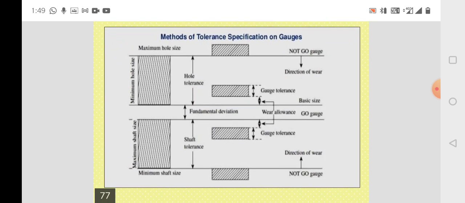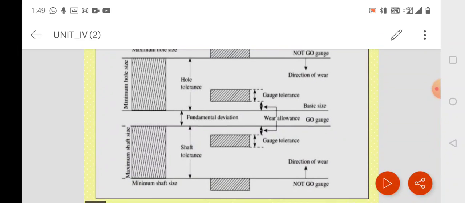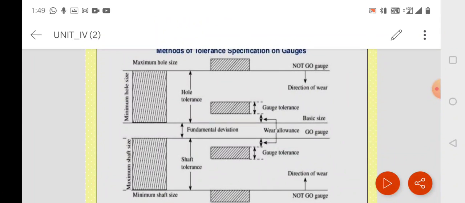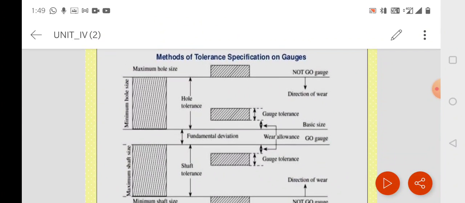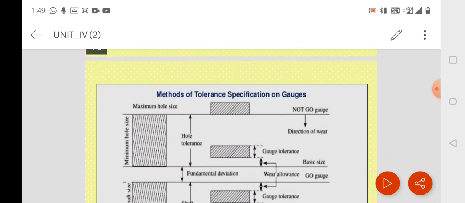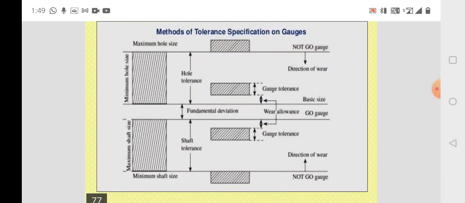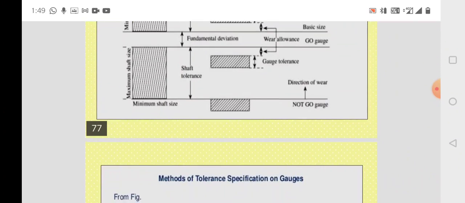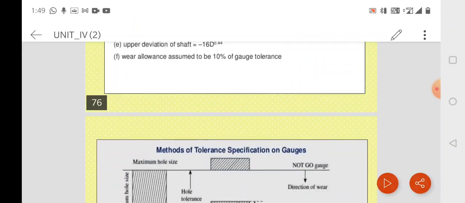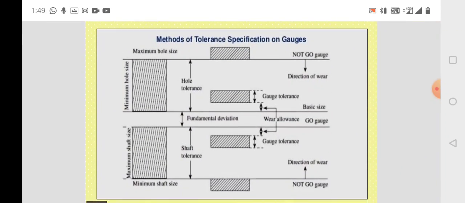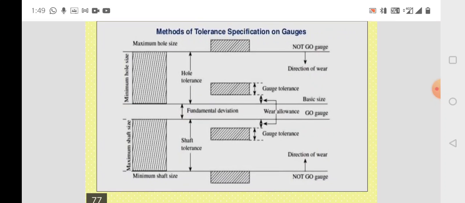So that we'll see. Here again it is explained. The same diagram we have already seen, but here also it is explained what is the method of tolerance specification on gauges. So here we have seen the hole size, that is the hole tolerance.